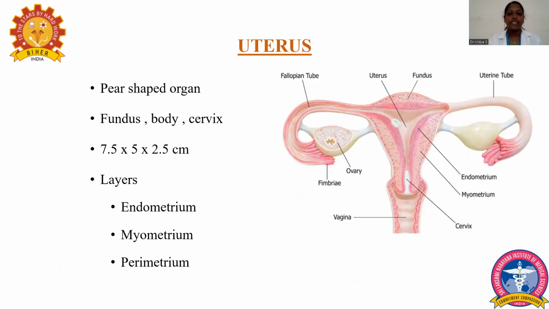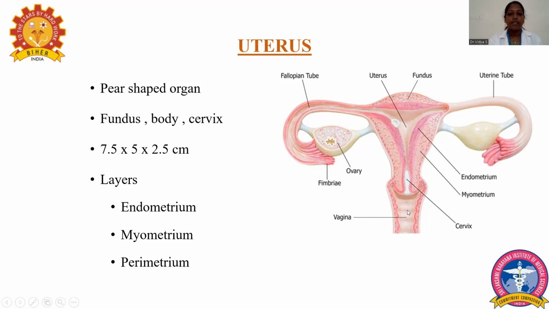First we're going to discuss the uterus. It is a pear-shaped organ. Anatomically, the uterus is divided into the fundus, so this one is the fundus of the uterus, and the body of the uterus. And it ends at the cervix.